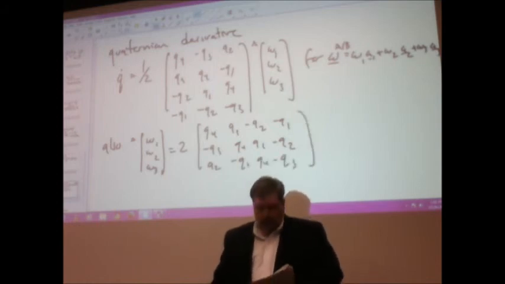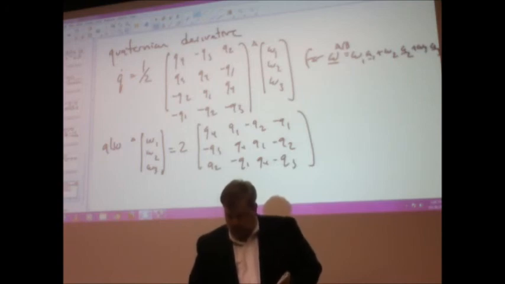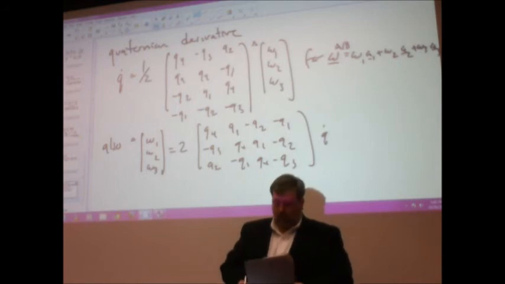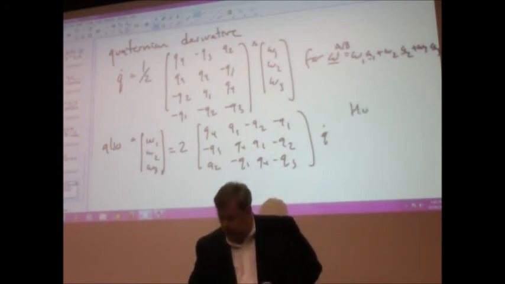Just a transpose of that matrix times Q dot. Couldn't be simpler. I will point out that for those of you who want to take a look at the optional reading, this is in Hughes' table on page 31.